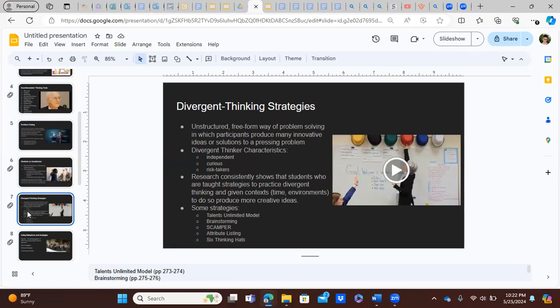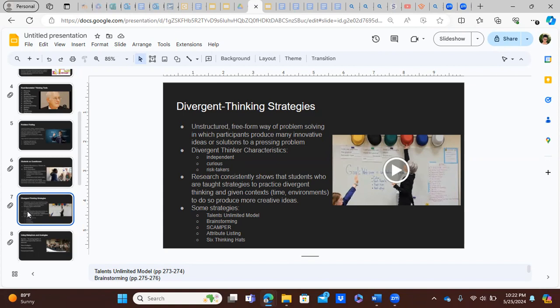As we move forward in the course, we're going to talk a little bit more about convergent and divergent thinking, but we're just laying the groundwork at this point for some of the teaching skills. Divergent thinking is essentially opening up to alternative types of thinking, alternative solutions, alternative products even that could potentially be produced.